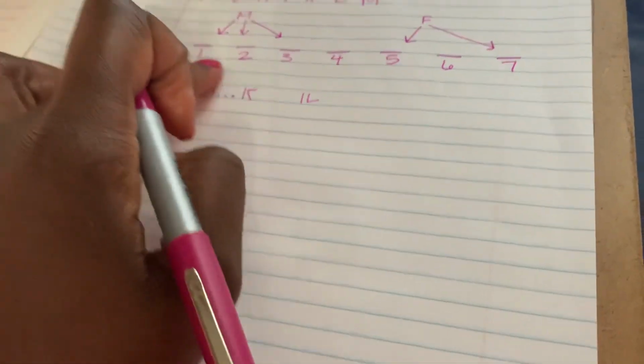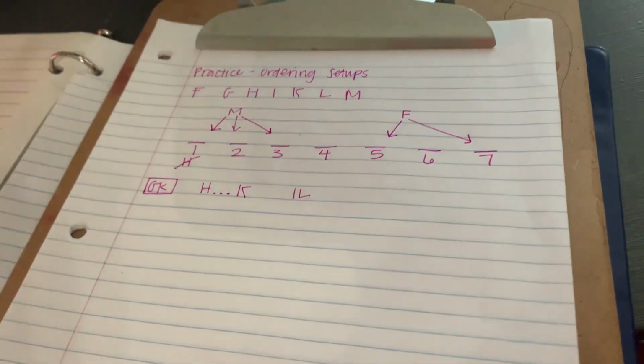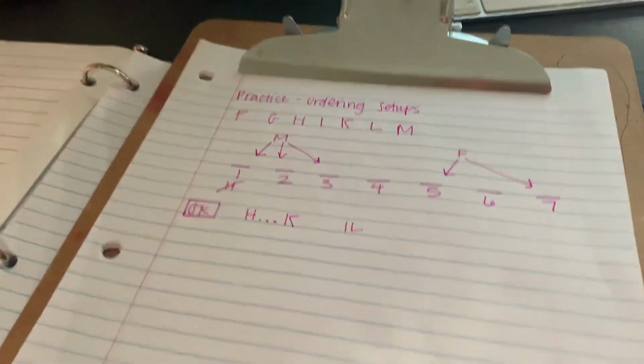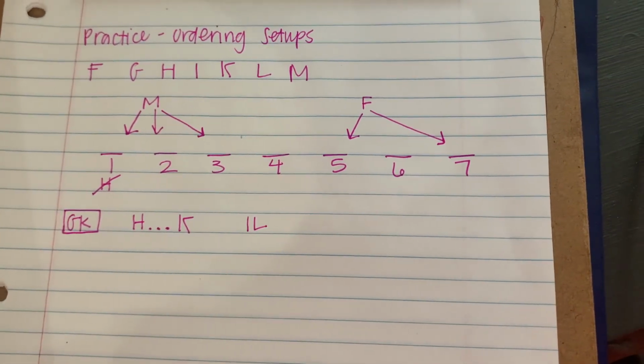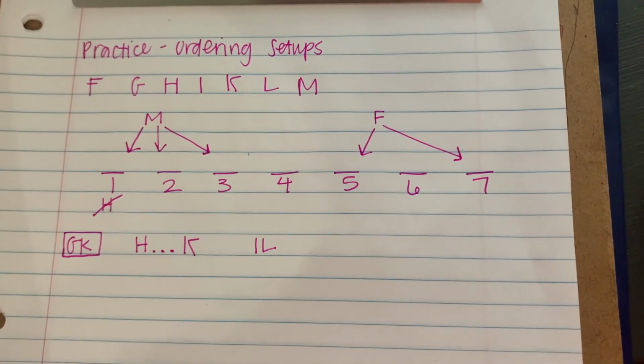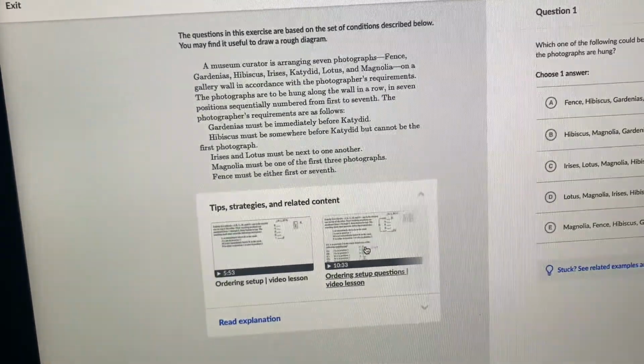And then M should have been down here 3 times. So I kind of messed that one up, but that's okay. So now this is my setup. This is my setup. And that's like my stimulus or whatever.